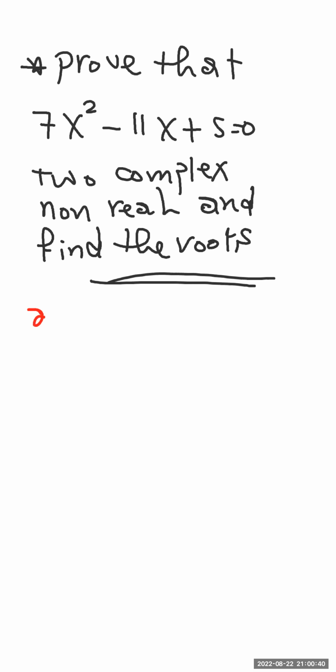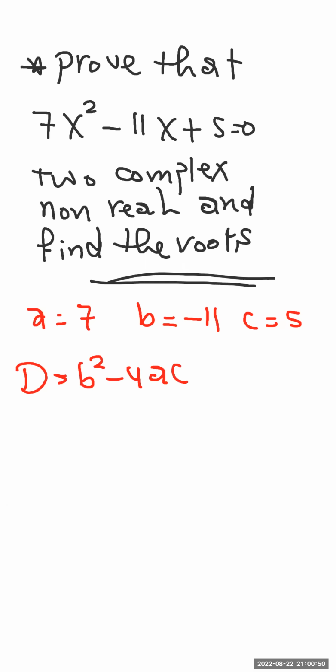So the first step: A equals 7, B equals -11, C equals 5. Discriminant: B squared minus 4AC. Now B squared, -11 squared, is 121, minus 4AC, 4 times 7 times C 5.